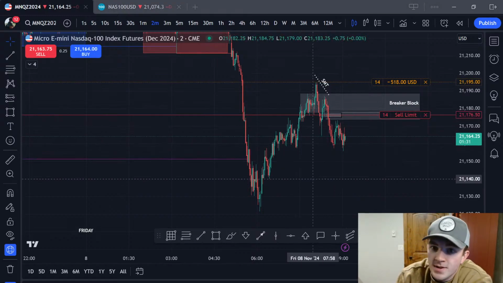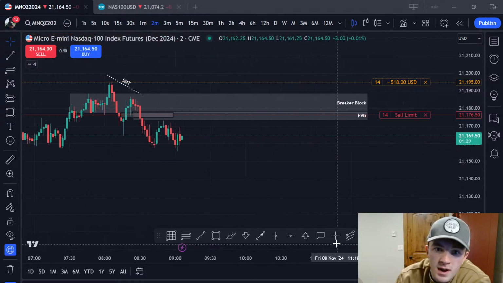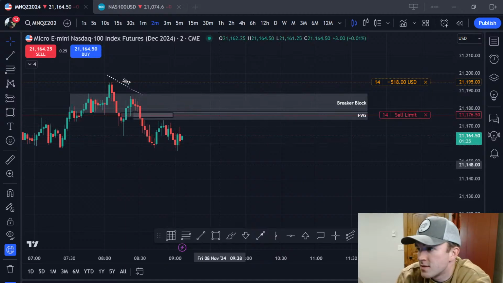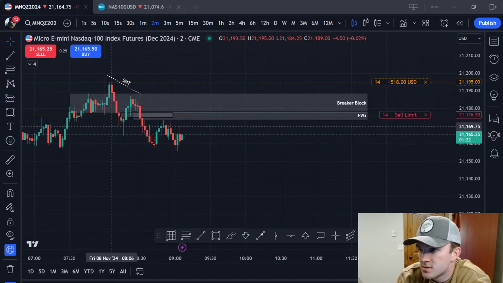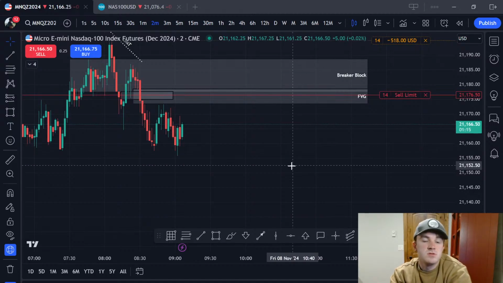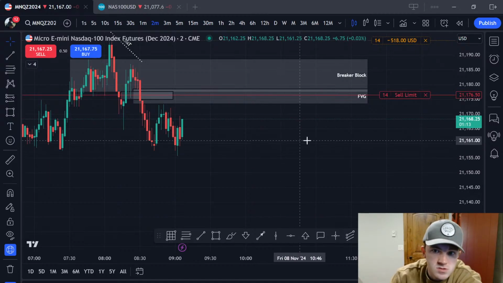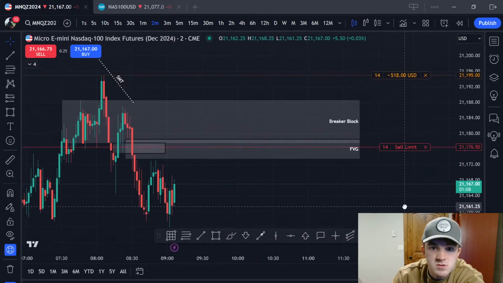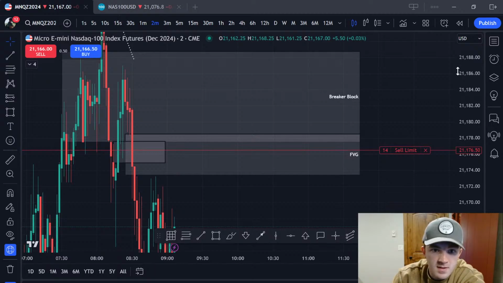I mean, I think we're going to dump. I just don't know how you enter unless you get a retracement to this. I think I want to lower this to about CE, or actually probably this.